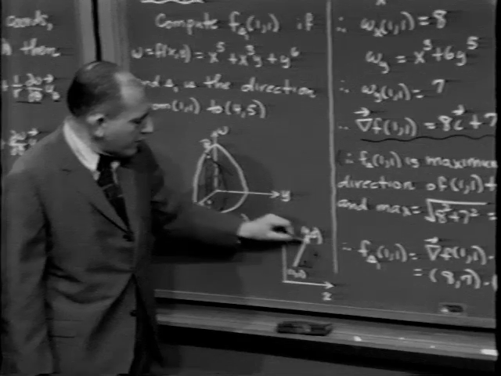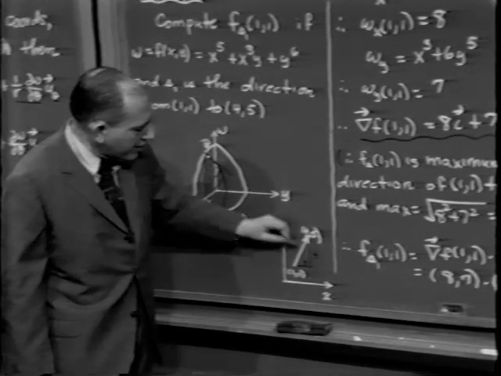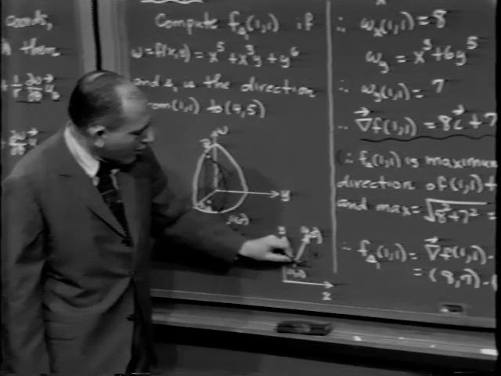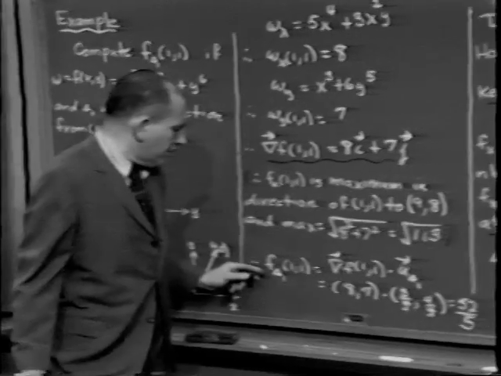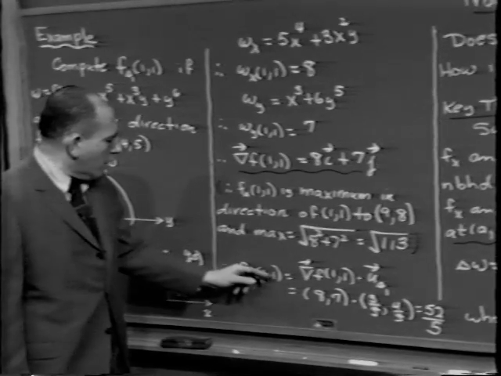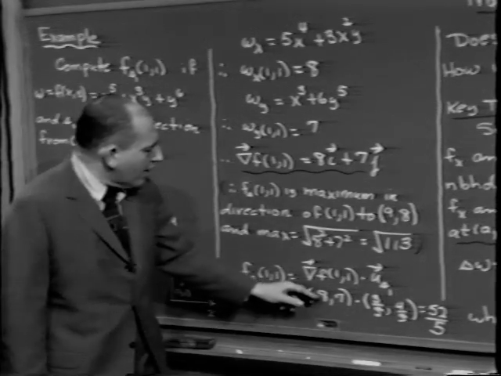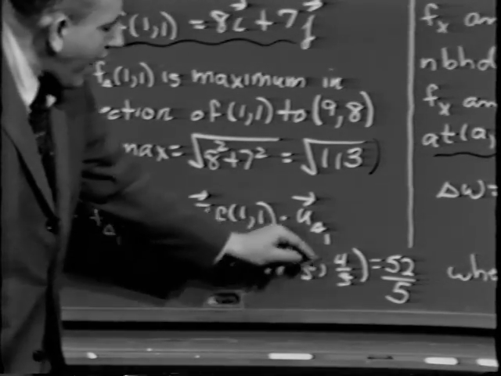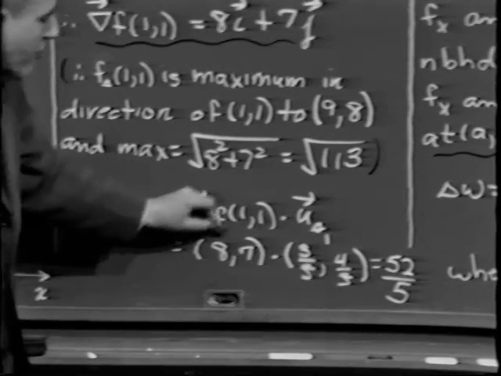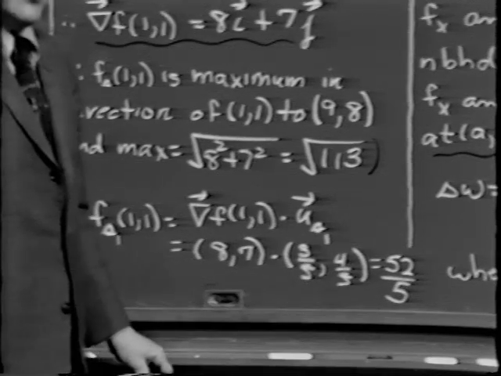This makes this a 3, 4, 5 right triangle, so the unit vector in this direction has as its components 3/5 and 4/5. In other words, the directional derivative of f at the point (1, 1) in the given direction S1 is just the gradient dotted with the unit vector 3/5 i plus 4/5 j. Just mechanically carrying out this operation leads to 52 over 5.